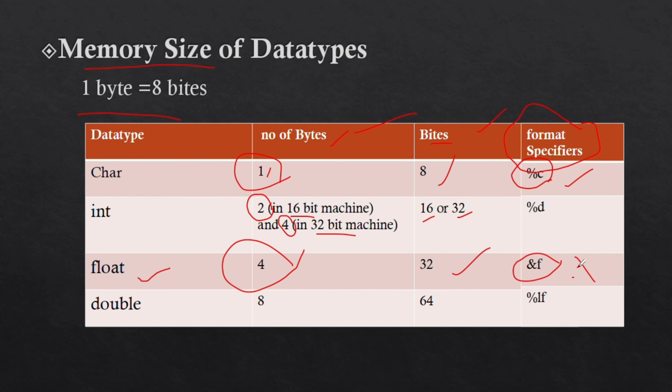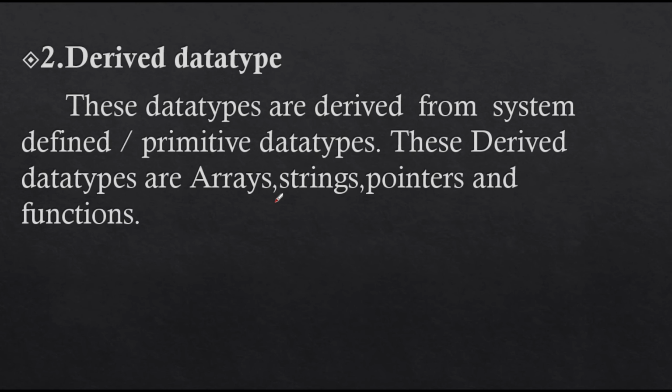Sorry, it's wrong here, this should be %f, and this should be %lf. And the thing here is double is the long float. Derived data types: these data types are derived from system defined or primitive data types.